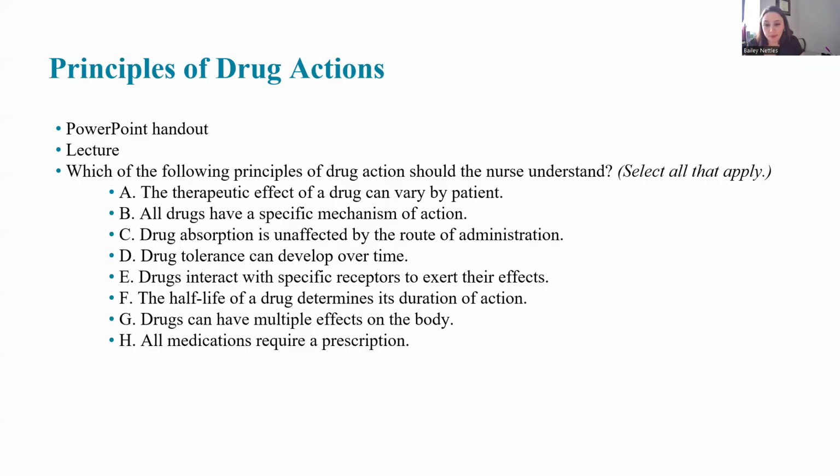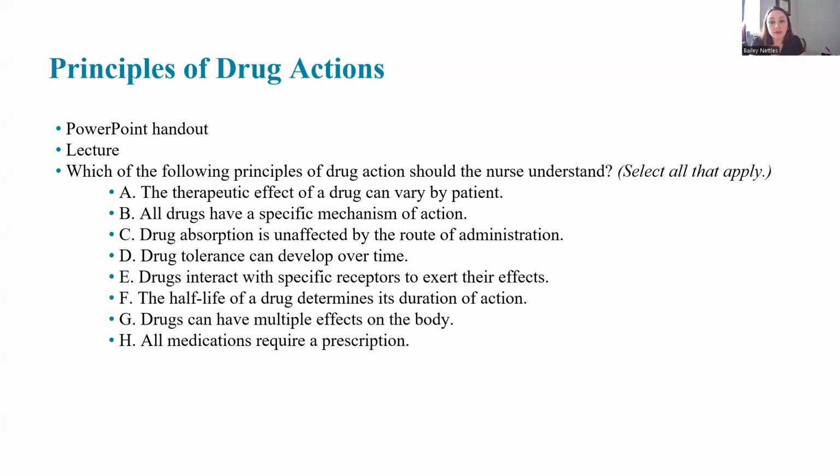We know that can happen. Tolerance isn't a bad thing, it just happens. Drugs interact with specific receptors to exert their effects. That's a kind of a vague statement. Sometimes we don't know what receptors it works on, but overall, yes, that is a true statement. That's how they work, right?